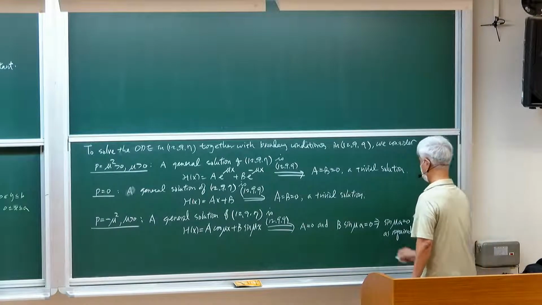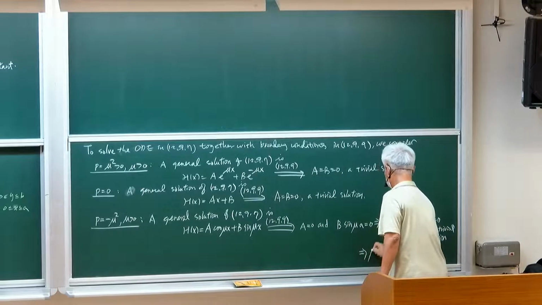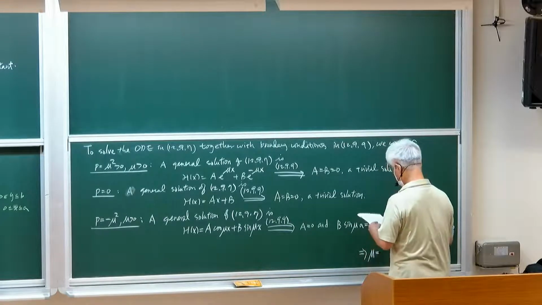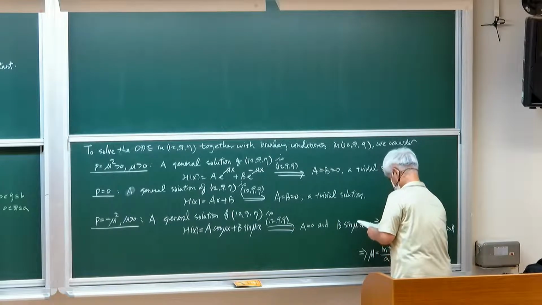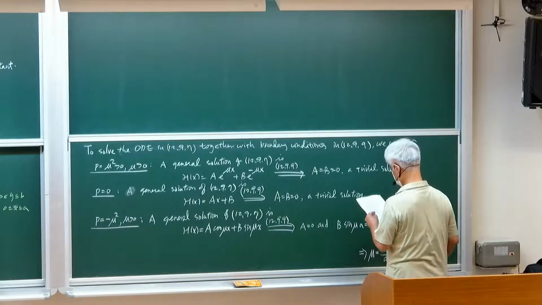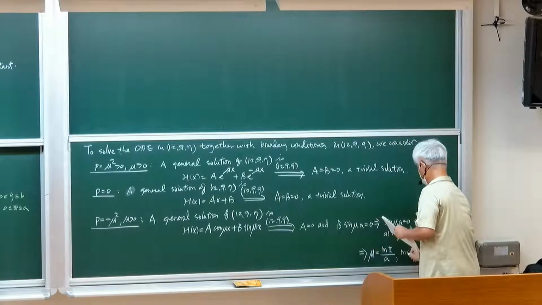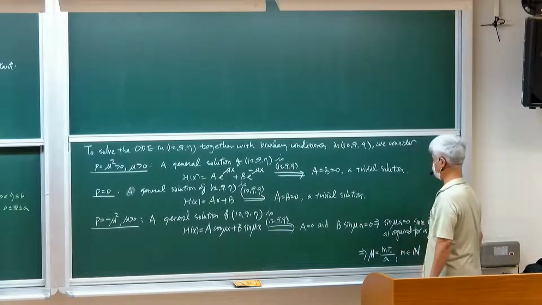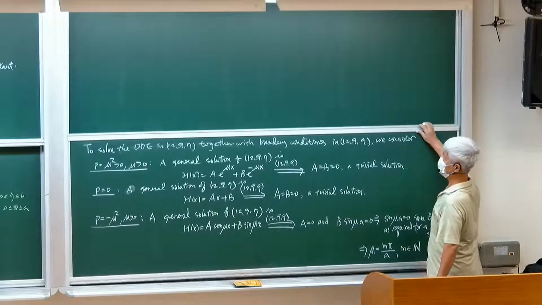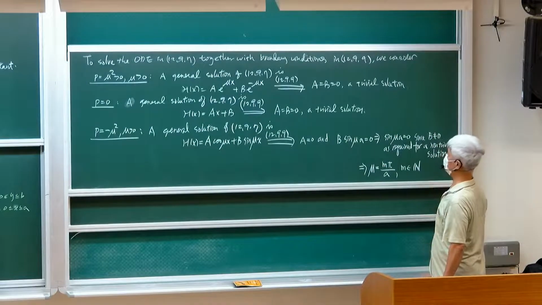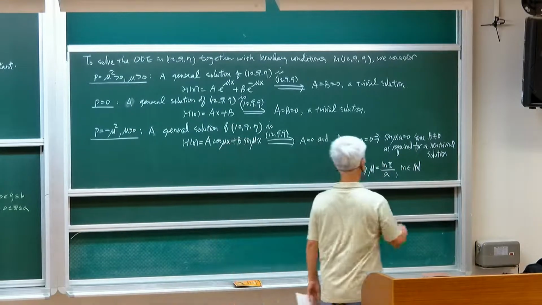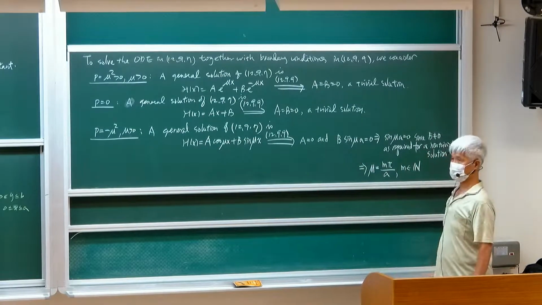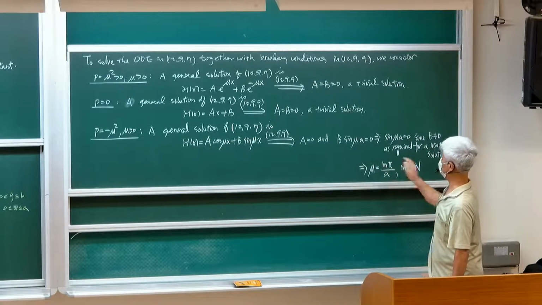This means that mu is equal to m pi over a, where m is a natural number. Because mu is assumed to be positive, m are all positive integers.